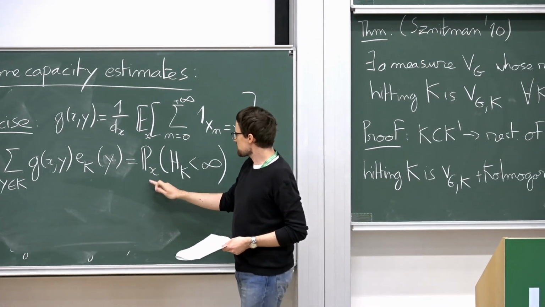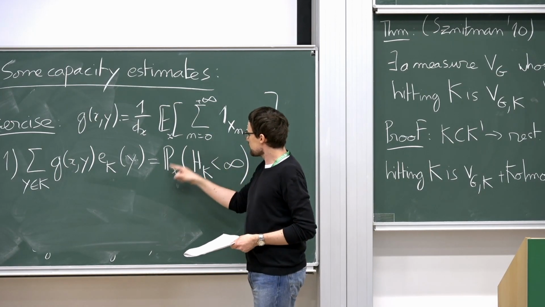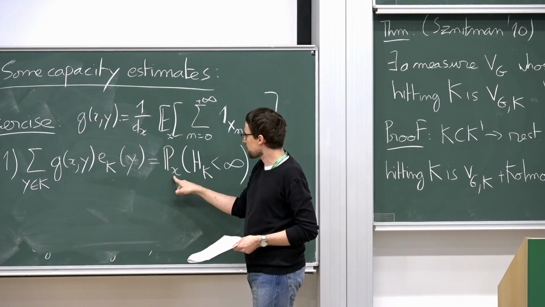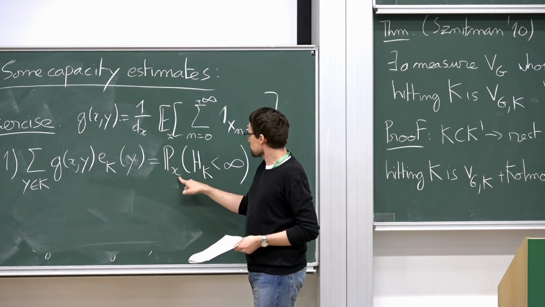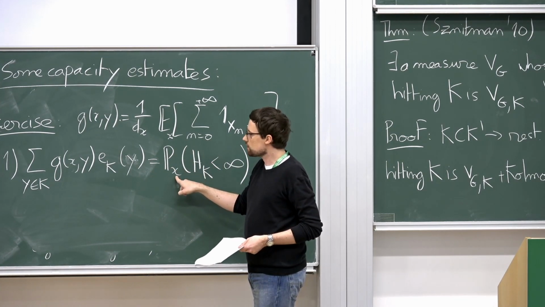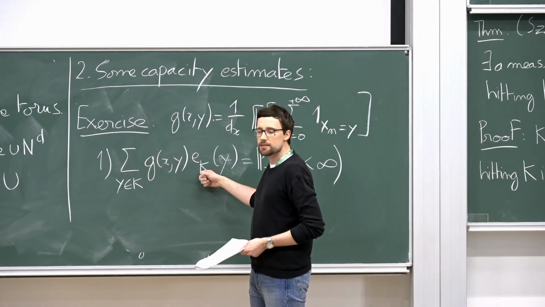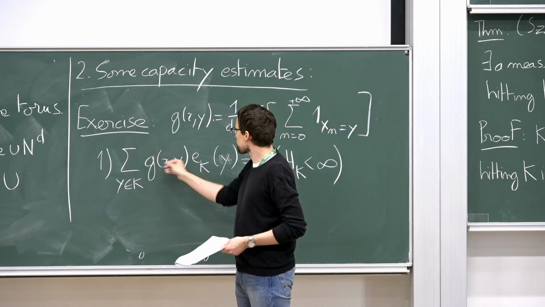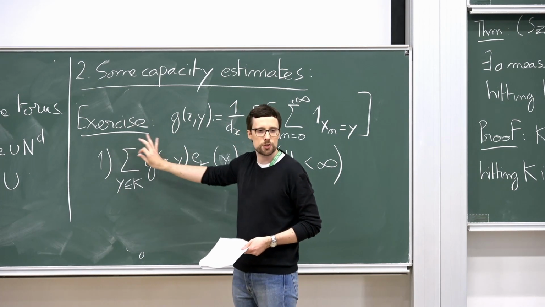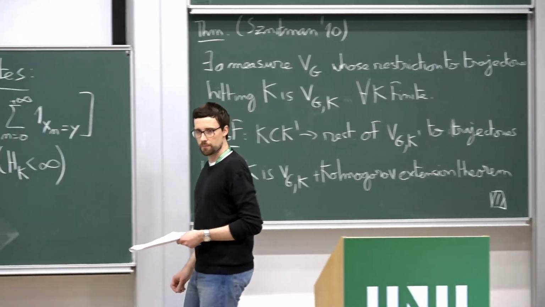So the capacity, in a sense, measures how hard it is for a set to be hit by the random walk, which is this probability, maybe as x goes to infinity. And this is related to the capacity via this formula. More precisely, it's related directly to the equilibrium measure via this formula, but if your Green function is of constant order, you can put it outside of the sum, and this will give you just the capacity up to factors.